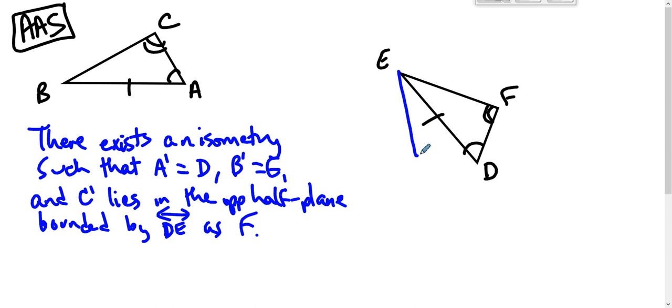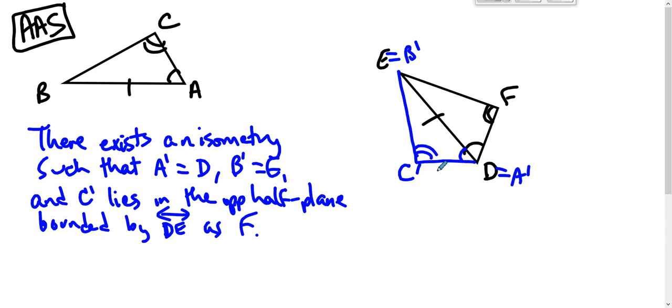So in other words, we do the same thing we did before. Because this segment is congruent to that one, we can put the image of A here and the image of B here. We know that isometries preserve distance, so this is okay, and we put C prime in the opposite half plane bounded by DE as F. So then this is congruent, and this is like so.